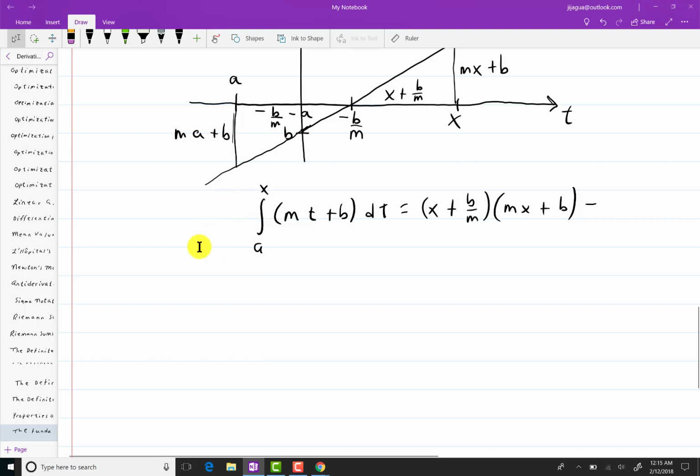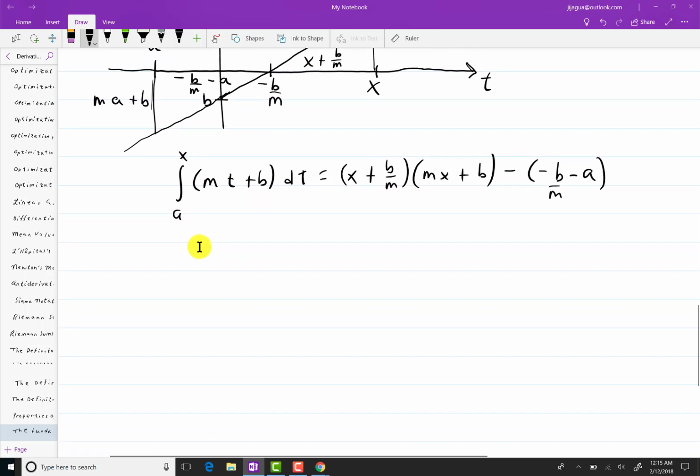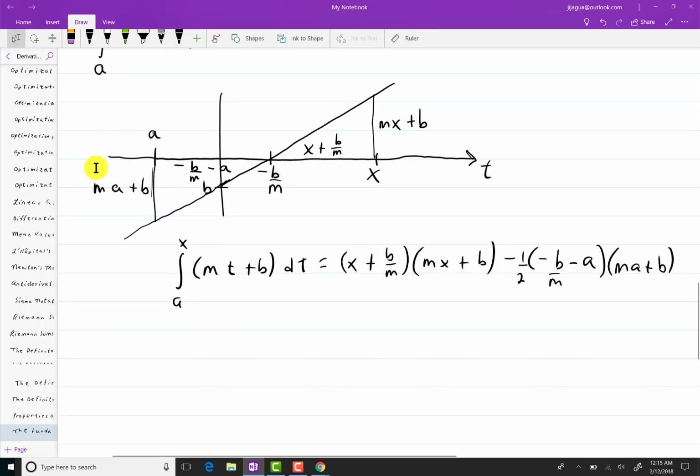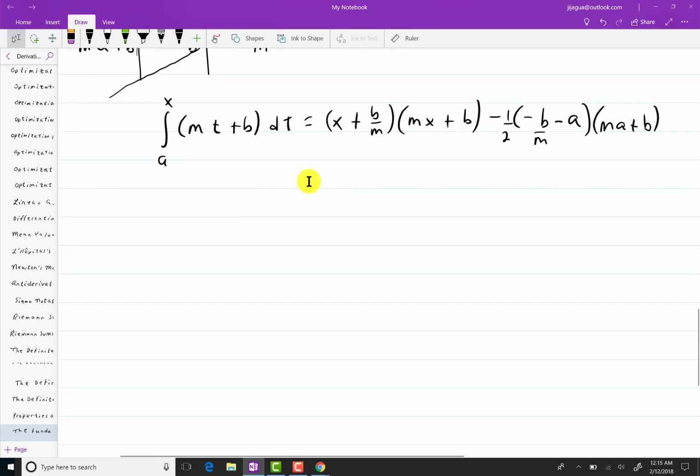So we have negative b over m minus a times ma plus b, and that's actually times 1/2 because you're dealing with a triangle, so you go 1/2 base times the height. So let me multiply it all out just so I get a formula for this thing.